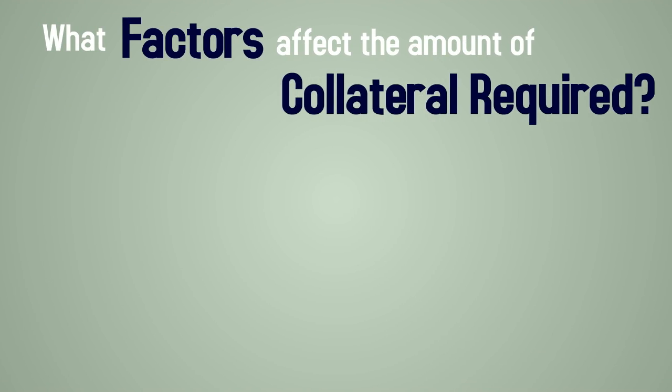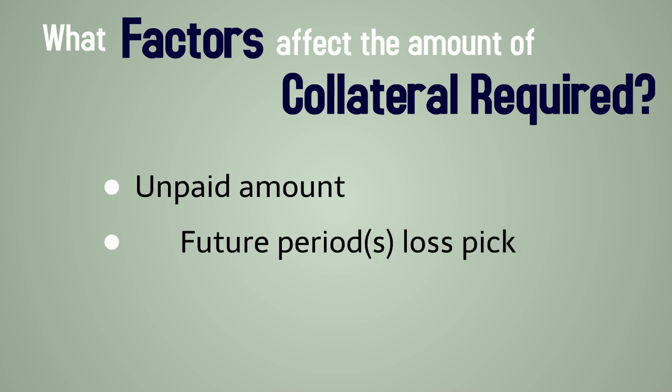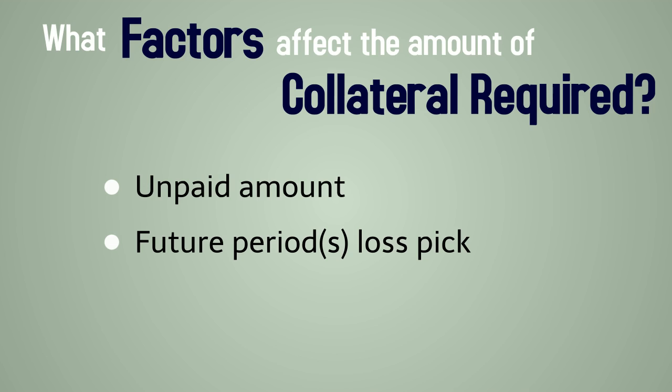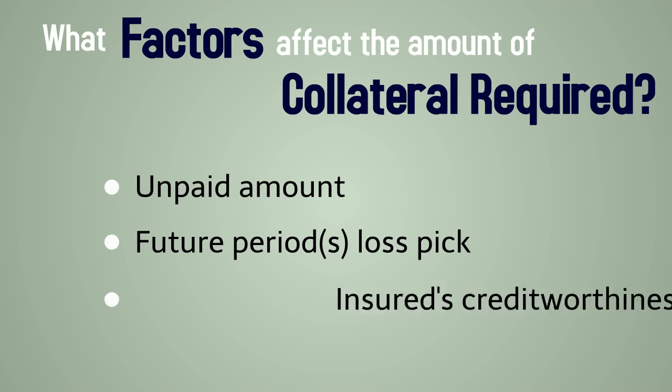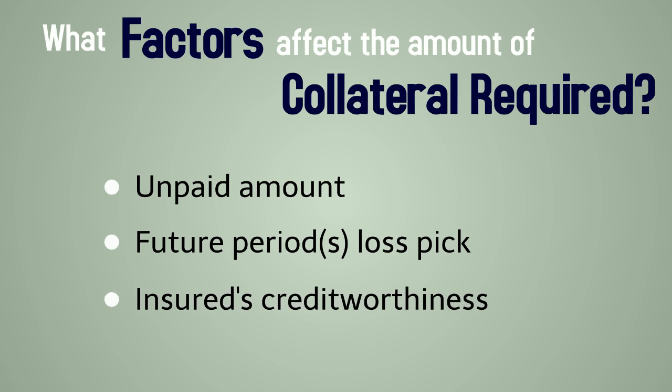There are several factors that affect the amount of collateral required by the insurance company. First, if there are any unpaid amounts from past policy periods that are still outstanding. Second, the future period loss pick, which would be the expected losses to occur in the coming policy period, and the insured's credit worthiness.